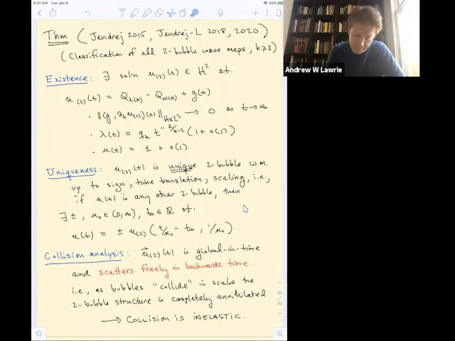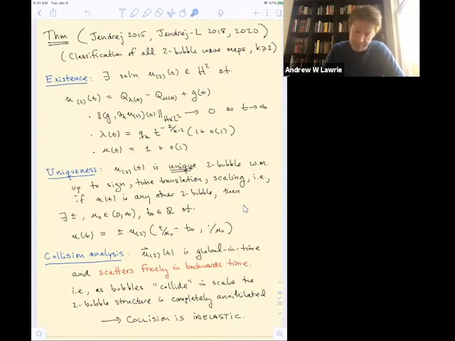The last two components of the theorem are joint work with Jacek Jendrej in 2018 and 2020. This is a classification of all two-bubble wave maps, and for the complete theorem, I'm going to restrict to the equivariant class k bigger than 3. In the next slide, I'll tell you what's known about k equals 1 and k equals 2 as well.